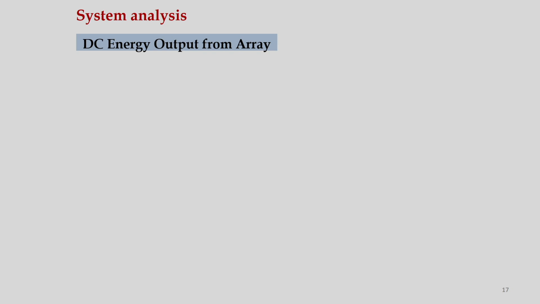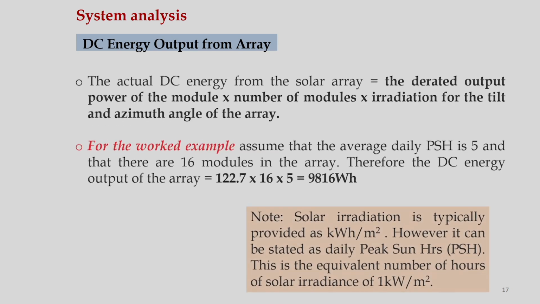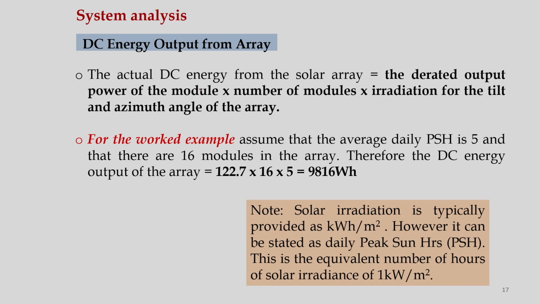So, now we will move to the DC energy output from the array. The actual DC energy from the solar array is equal to the derated output power of the module, multiplied by the number of modules, then multiplied by the irradiation for the tilt and azimuth angle of the array.